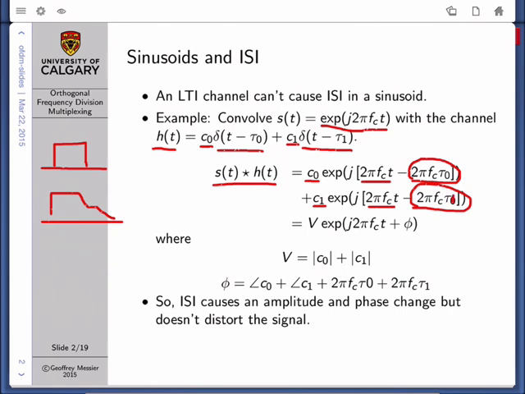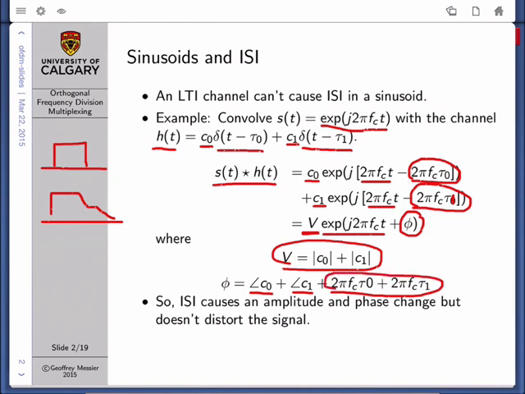And if we simplify this a little bit, we find that our received signal is still a complex exponential with an oscillation frequency of Fc. However, it now has an additional phase term, and its amplitude V is equal to the magnitude of C0 plus C1, and this phase term is due to the phase of C0, the phase of C1, and also the phase shifts due to the delay tau 0 and tau 1.